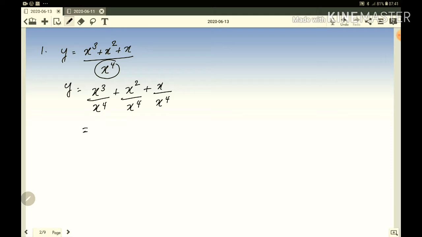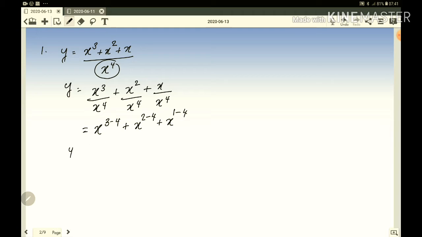Now, I have to take the denominator up, because we cannot differentiate if the denominator is there. So I'm taking this one up. It's going to be the exponential rule: when divided with the same base, powers will be subtracted. You know that one. That is 3 minus 4, plus x to the power numerator power 2 minus denominator power, plus numerator power 1 minus denominator power.